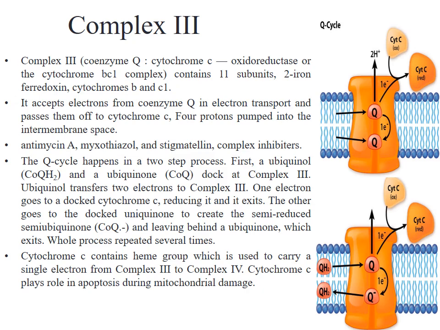Here you can see in the picture, this is the final docking stage, complex 3, in which electrons are transferred and get converted, and here coenzyme Q brings the electrons from complex 1 to complex 3, and at complex 3 cytochrome C accepts the electron and transfers it to complex 4, as you can see here in the picture.